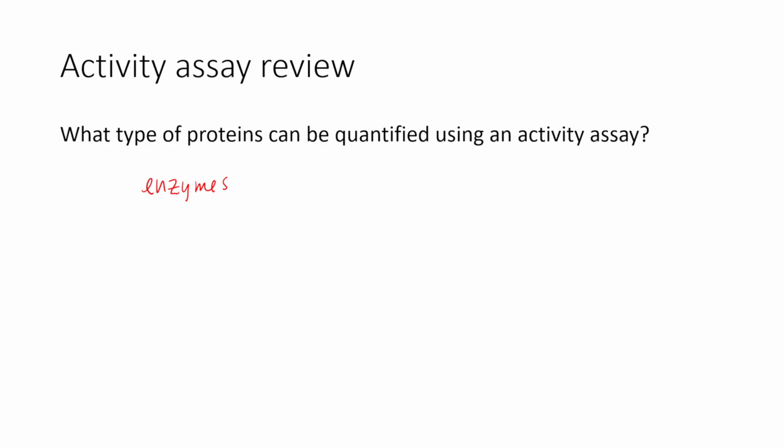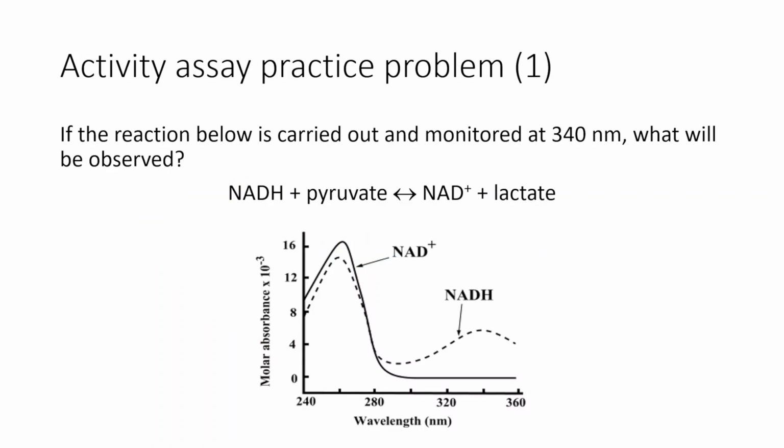Activity assays are often used to measure the consumption of a substrate by an enzyme or the production of a product by an enzyme. It's measuring the activity of the enzyme, whether or not it's working. So if your protein of interest is not an enzyme, you can't do an activity assay. So let's do an activity assay practice problem.